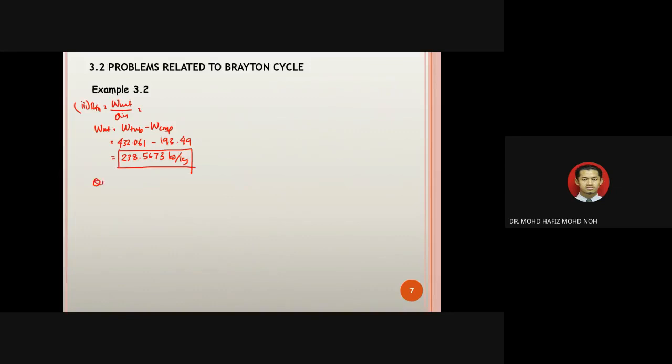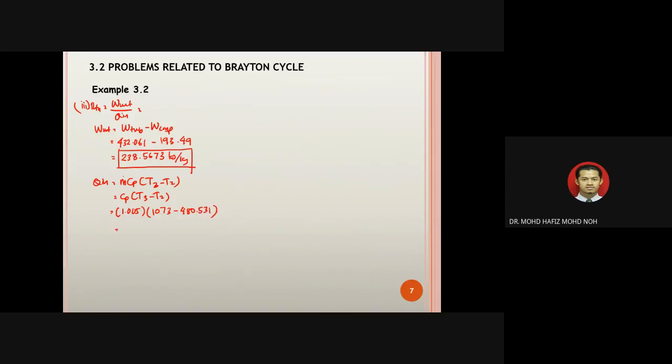And then the value of Q in is m dot Cp times T3 minus T2. Since the mass flow rate is not given, you can simplify to Cp times T3 minus T2. This one is 1.005, T3 is equal to 1073, T2 is equal to 480.531.